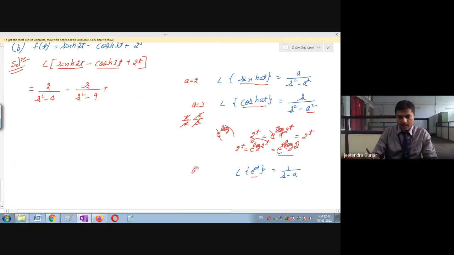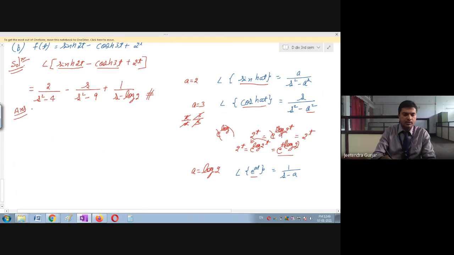One can see a is equal to log 2. Is it clear? So wherever a is there, I am going to substitute log 2, and it will become 1 upon s minus log 2. Therefore this is going to become 1 upon s minus log 2. So this is my answer.